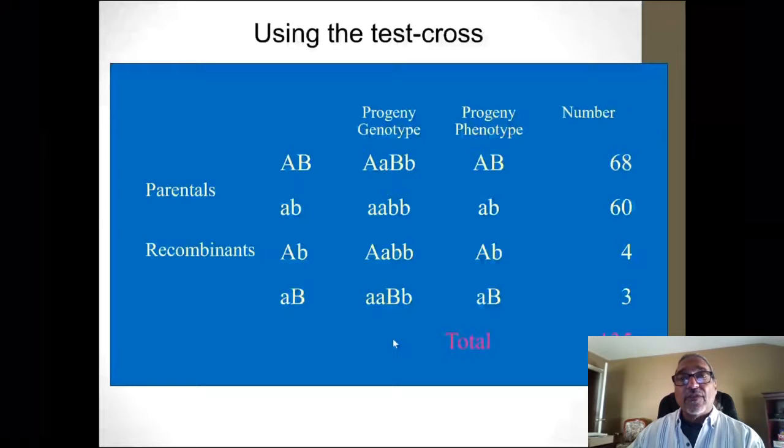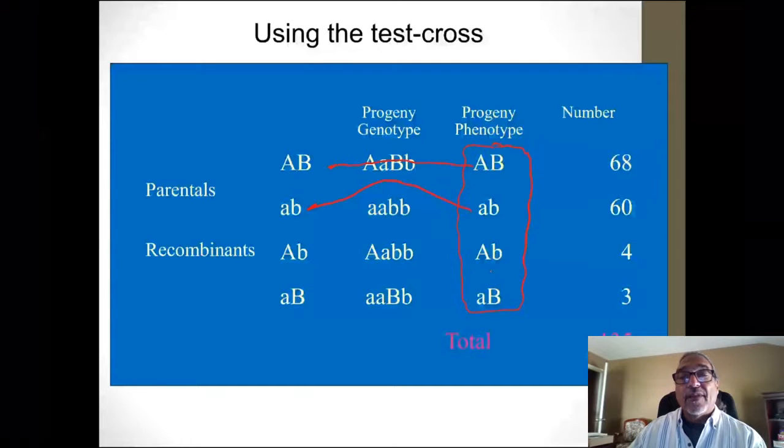Now, notice the progeny phenotypes, and this is really critical here, because it is by the phenotype that you're able to identify the recombinants and the non-recombinants. The progeny phenotypes that match the parental phenotypes are non-recombinant.